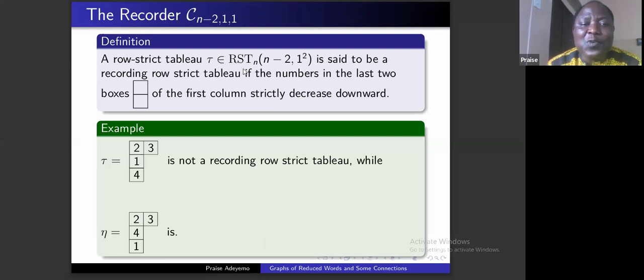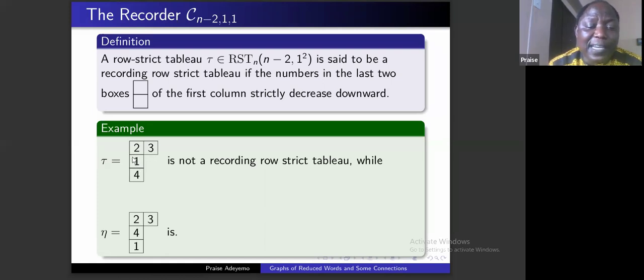But among them, we want to know which one is called recording. So we say that this tableau is a recording row strict tableau if the numbers in the first column, the last two boxes that you have, decrease downwardly. For example, for this tau, shape 211, so it's row strict.